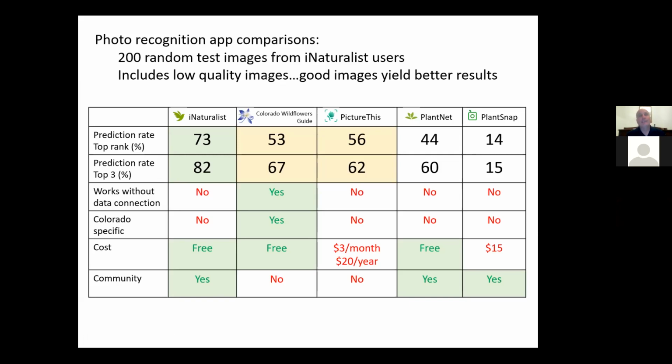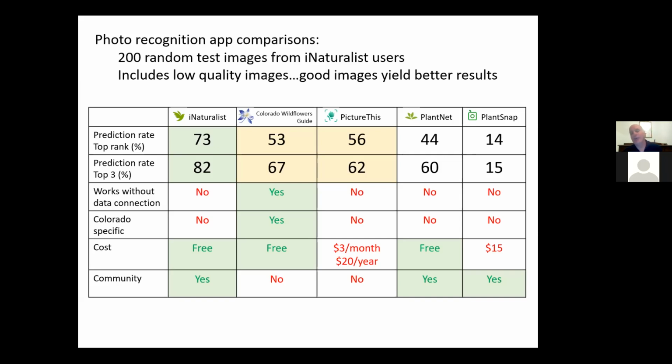So this is what users are doing, not what a good user giving it a good picture in focus is going to get. So iNaturalist is right around 75 to 80%. The Colorado Wildflowers Guide and an app called Picture This are getting right around 60%. And then PlantNet was a little bit lower.